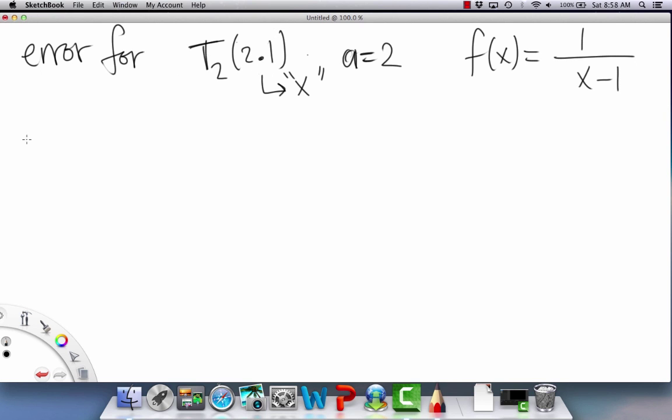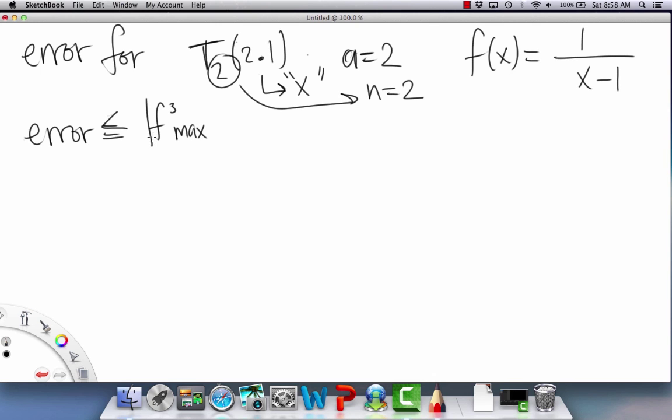So our error formula again, error is less than or equal to, and I'm just going to write our k. Okay, so first of all, 2 implies that our n equals 2. So our k is going to be f to the n plus 1, so 2 plus 1 to the third, this is our max value of the third derivative at some point within our interval, from a to x, so our interval is going to be 2.1 over here and 2 here.